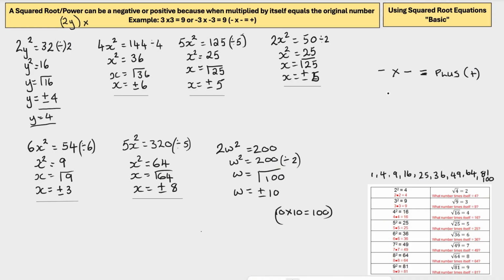But if you were in a different situation, a minus plus a minus equals a negative. So there are different rules, and you do need to remember them, to be fair.